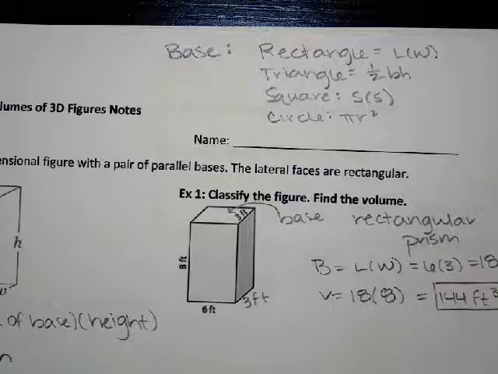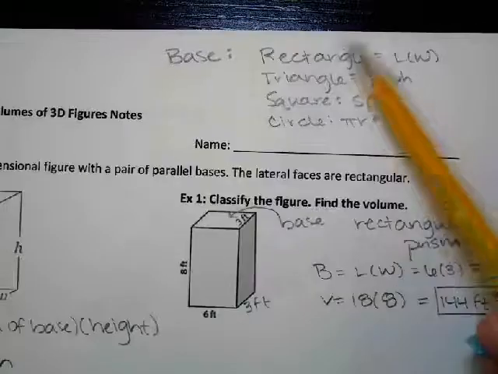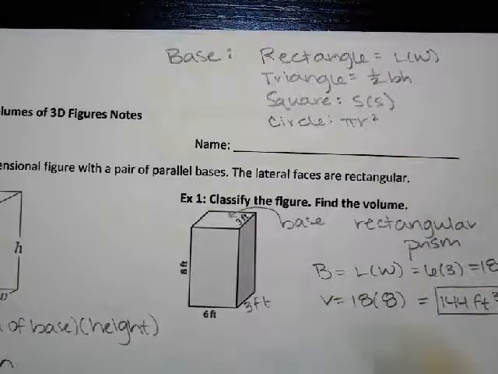Those are the different types of bases that you have, and when you classify a figure, the different classifications are being named for their bases. So your prisms and your pyramids, you wouldn't just call it a prism or just call it a pyramid. It's going to be a rectangular prism. It is going to be a triangular pyramid. It is going to be a square prism.